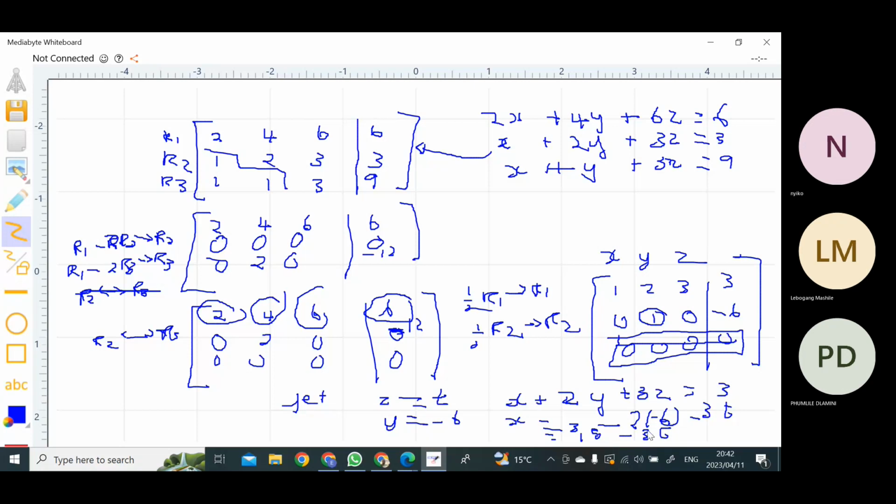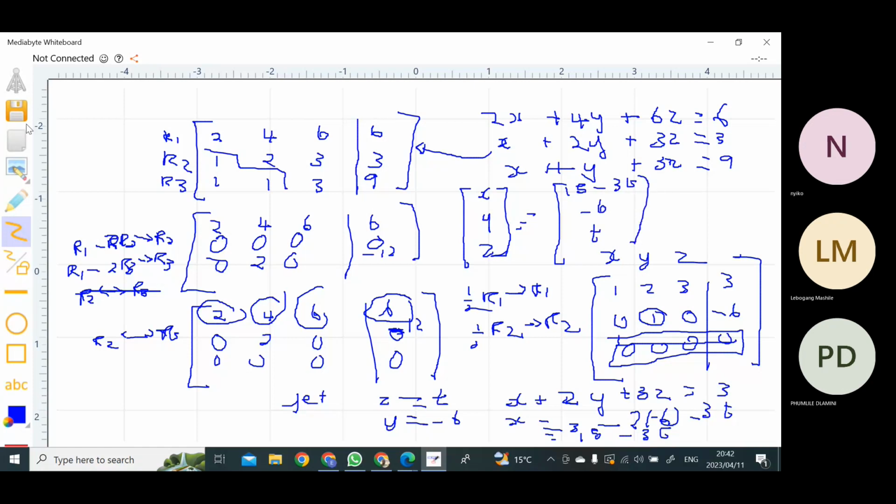When we have 15 minus 3t, if you are writing your equation in terms of a matrix, you can say x, y, and z equals, then your answer for x was 15 minus 3t, then for y minus 6, and for z was t.